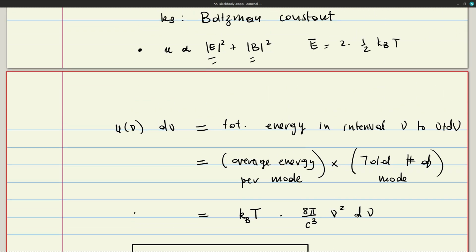Total energy which is detected in your detector, and your detector can split different frequencies and tell which one has how much contribution. So total energy in interval nu to nu plus d nu is equal to two components. The first one is the average of each mode. I call each frequency a mode. And the second one is the total number of modes, right?